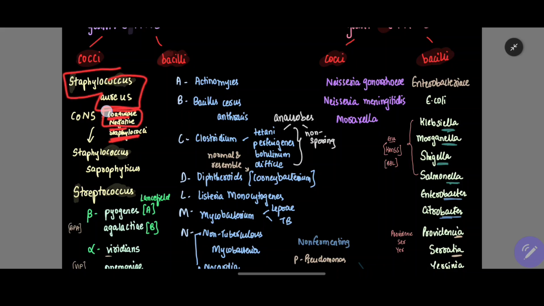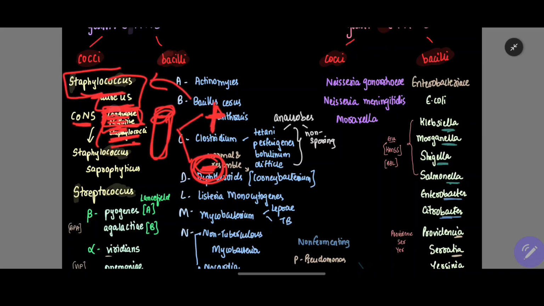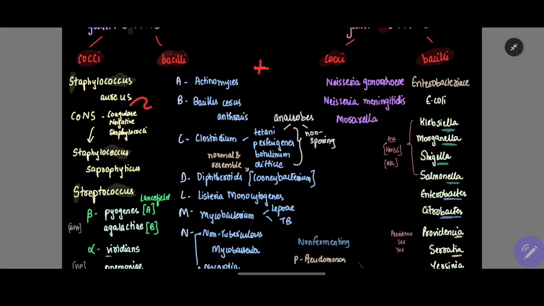The name here suggests that there's a test called coagulase test. Coagulase test can either be positive or negative. The staphylococci that give a negative reaction are called CONS, coagulase negative staphylococci, and the ones that give positive are Staphylococcus aureus. So Staphylococcus aureus gives a positive reaction on coagulase test.